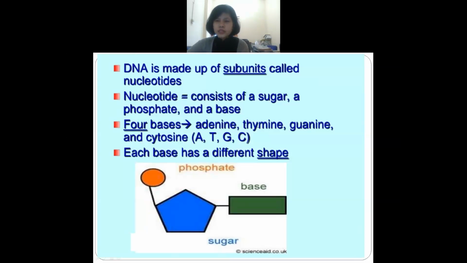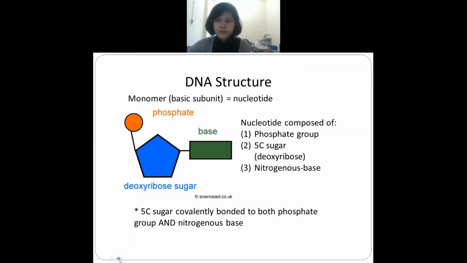And in these 4 bases, adenine, thymine, guanine, and cytosine, you will find all of them in the DNA. And all these bases have different shapes.